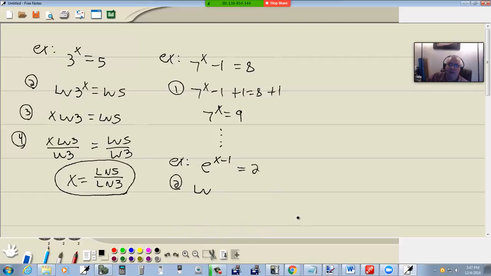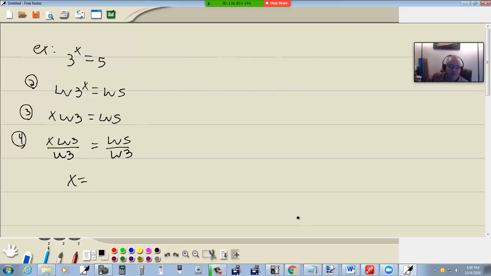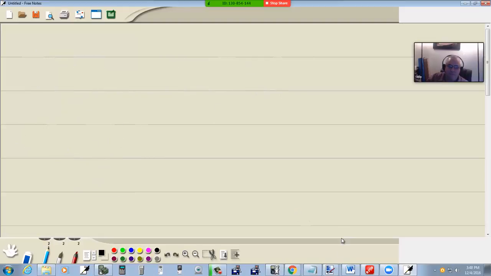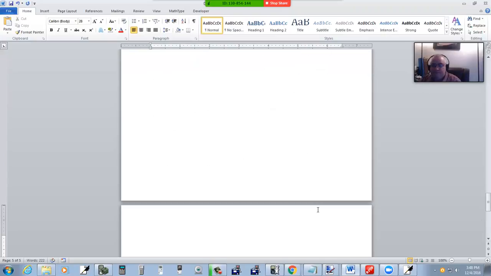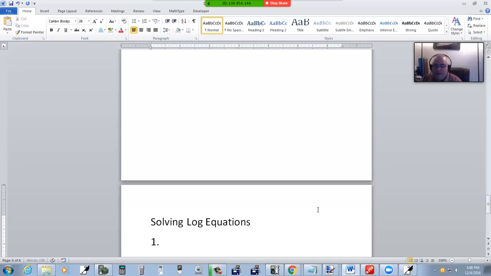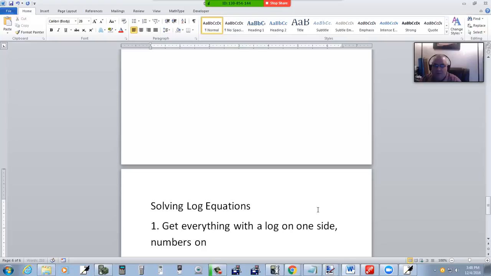Now let's look at log equations. So solving log equations. Step 1, get everything with a log on one side, numbers or constant terms on the other side.